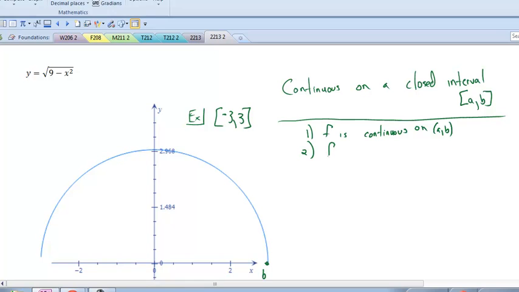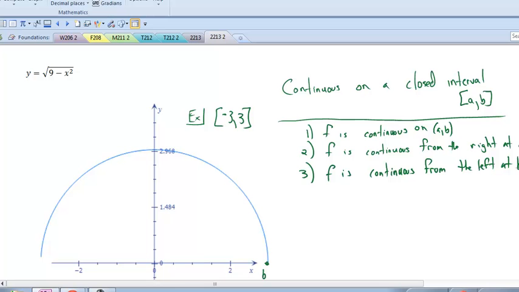The second thing we can say is that f is continuous from the right at A, and this is just the idea of breaking down the limits from side to side, and f is continuous from the left at B. Alright, so this is another definition. We've had continuity before, but we wanted to put it in a framework that we understand, and then we're going to build on this in the next video.